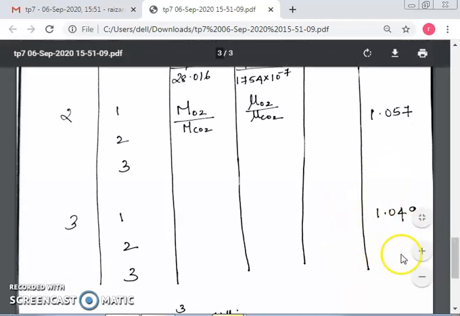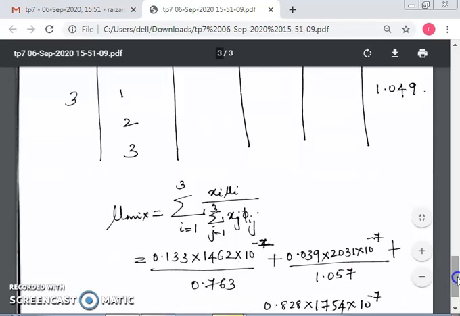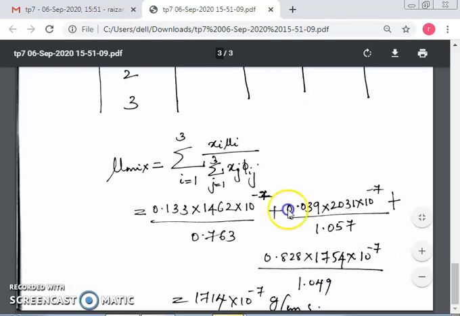And here for the third species, you will get the value sigma xj phi ij as 1.049. So after completing this table, you have to use the equation mu mix is equal to sigma i equal to 1 to n xi mu i by sigma j equal to 1 to n xj phi ij. Here we have totally 3 species, so our n value is equal to 3.